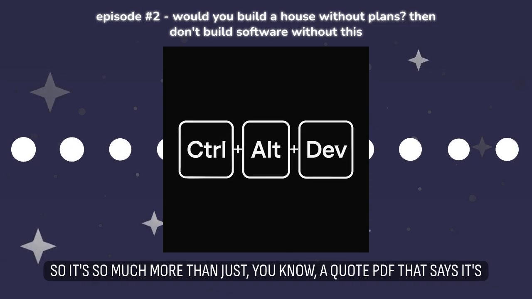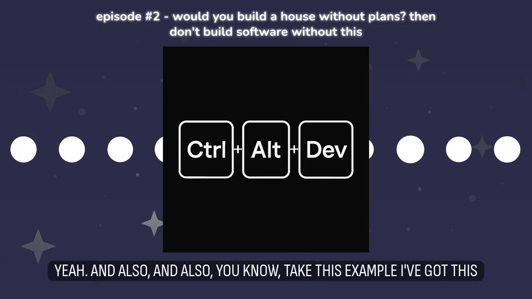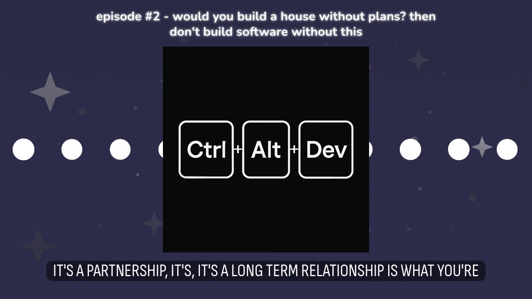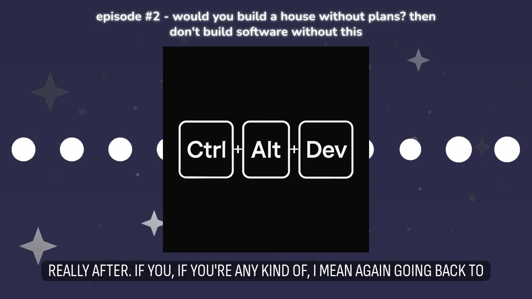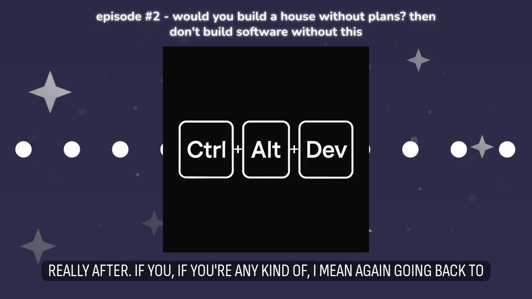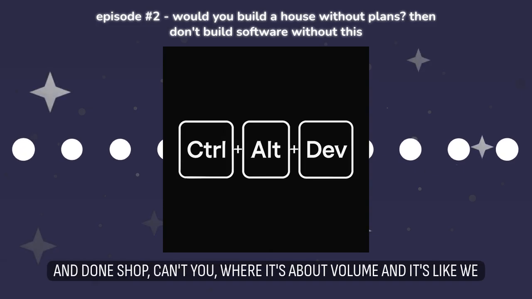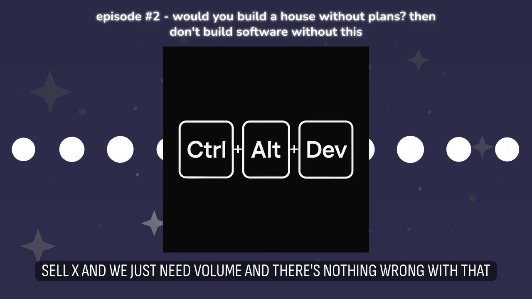So it's so much more than just a quote PDF that says it's going to cost you this much. Also, taking the example I've got this week, it's not just a one-hit project. It's going to be phased, isn't it? It's a partnership. It's a long-term relationship that you're really after. Going back to the two fingers in the air thing, you can either be a one-and-done shop, where it's about volume, and there's nothing wrong with that.